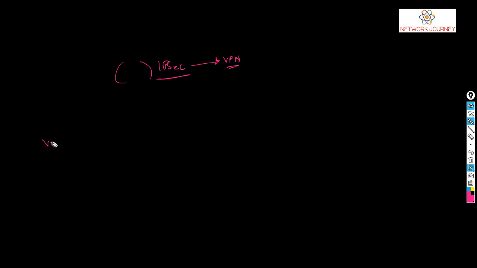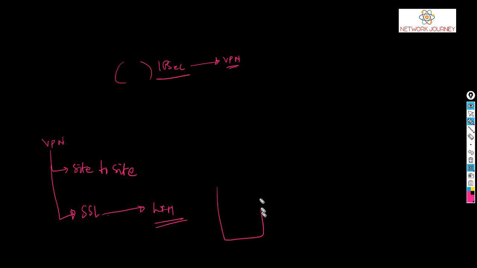When I was talking about VPN types, I told you one is called site to site VPN, which is used for connecting data centers, campus, branch office, from one region to another region. There was something called SSL. This is something we use for work from home kind of VPNs, where let's say this is my office XYZ, and this is my home.